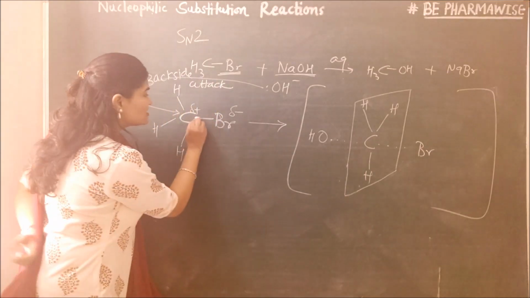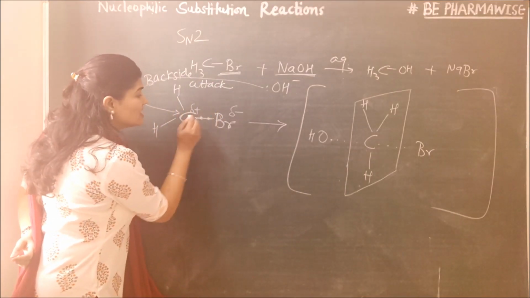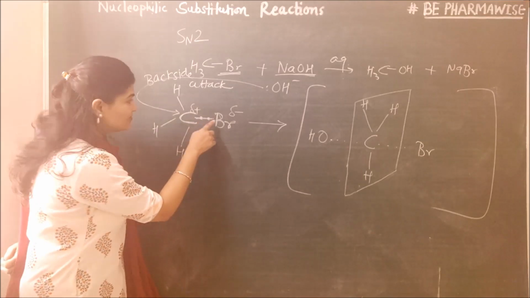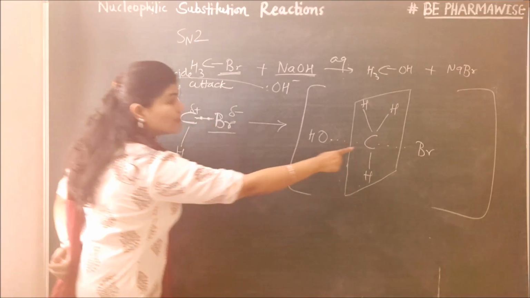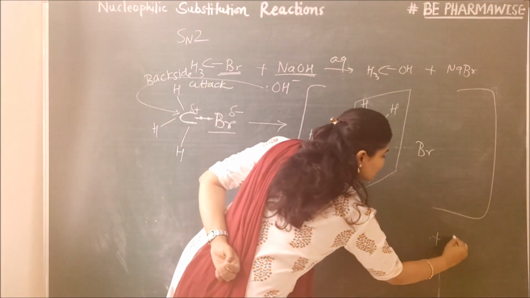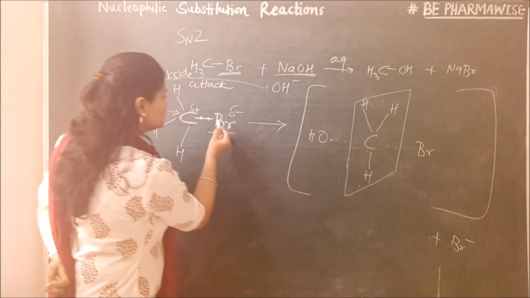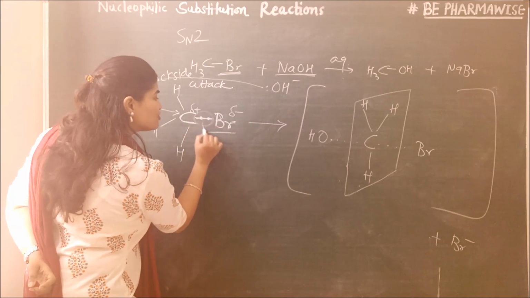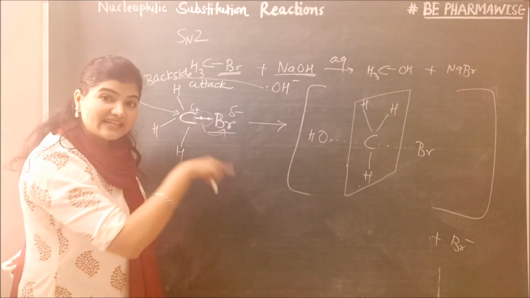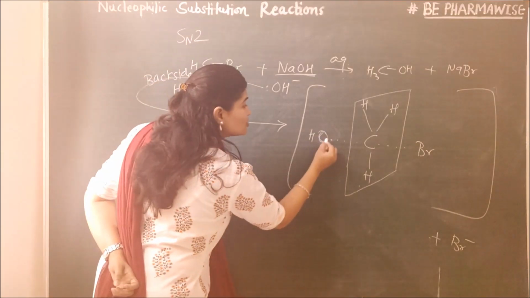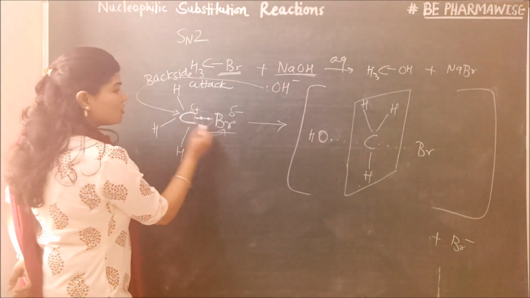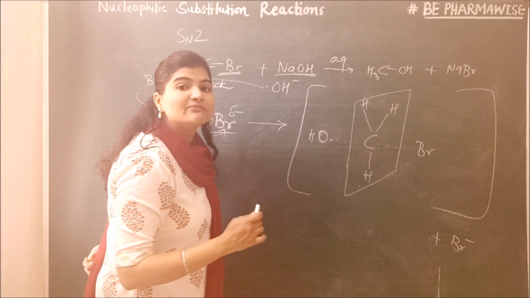See this C-Br bond, it is a covalent bond, which means one electron was given by carbon and one electron by bromine. Now bromine is leaving as a bromide ion, so it is taking away both the electrons with it. That is when it can leave as bromide, and now both the electrons for formation of the C-OH bond will be given by the oxygen.